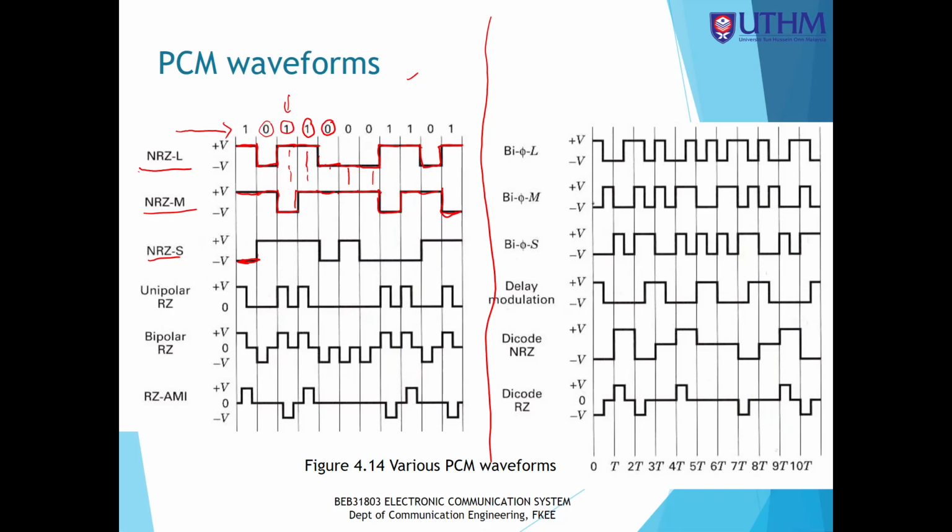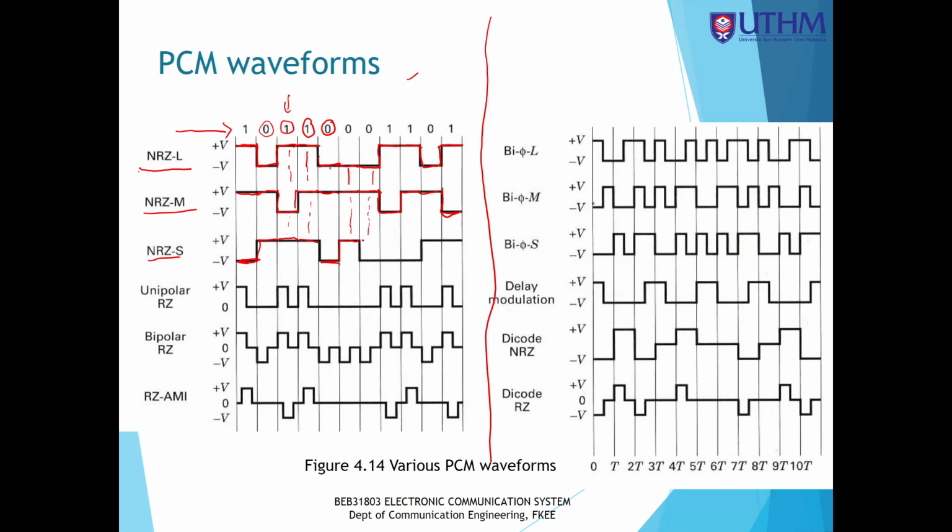So from negative to positive. Input logic 1, no change. Another logic 1, no change. Then input logic 0, change polarity from positive to negative. Then another input 0, change polarity to positive.